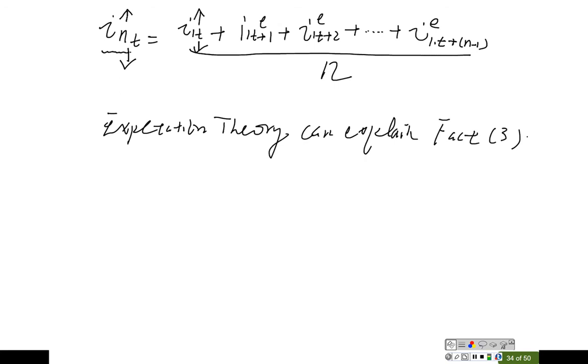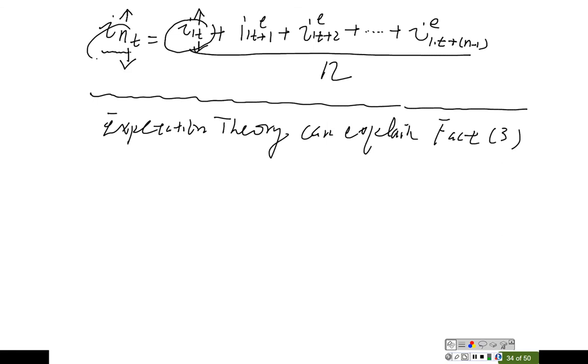But what about the fact 1 and 2? If you look at the fact 1 says interest rate on the long-term bond are usually higher than interest rate on the short-term bond. But from the equation we just write out here, expectation theory, can you see from this equation the short-term rate or long-term rate, which one is bigger?